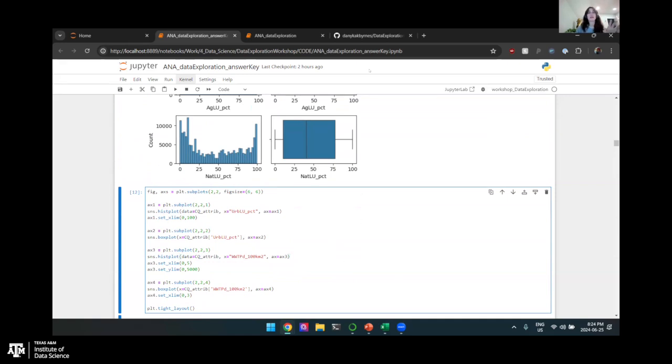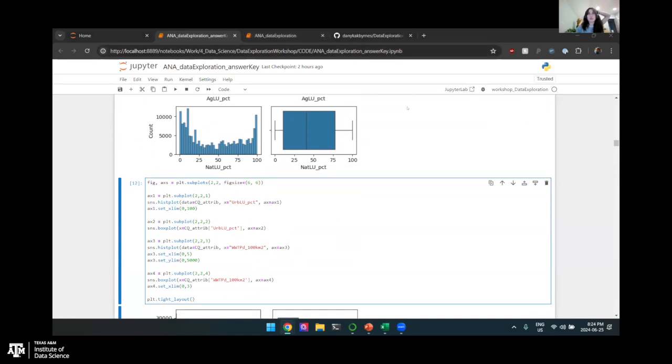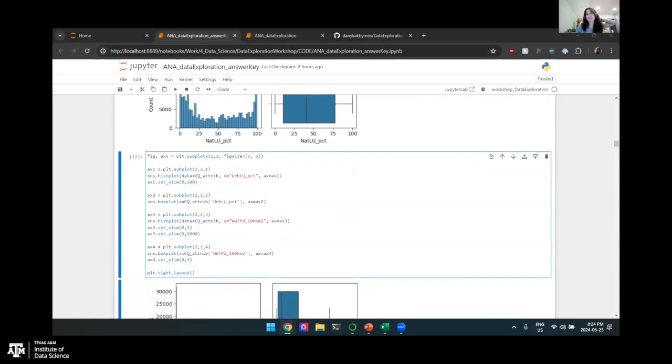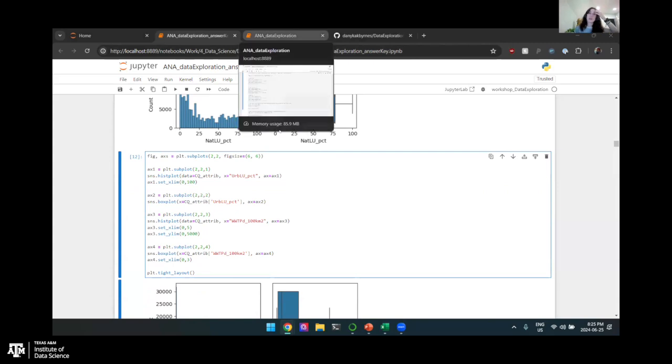I guess that's a question for the chat, if you don't mind just putting it in. Yeah, so I think that wastewater treatment plants are associated with urban areas, so we would anticipate that they would be correlated.